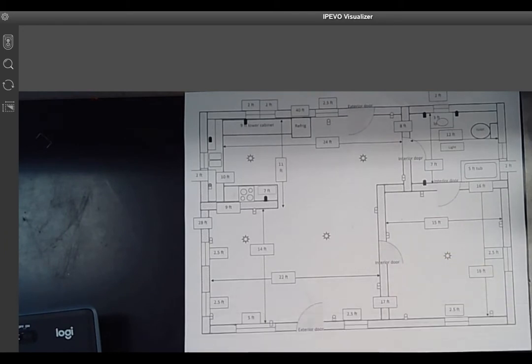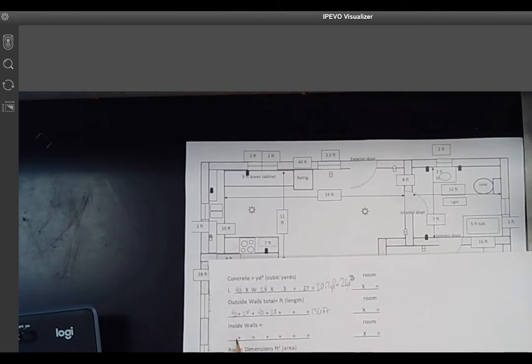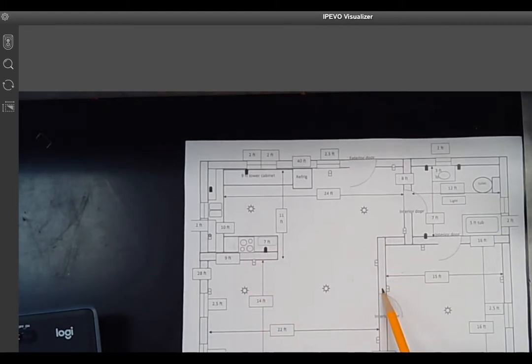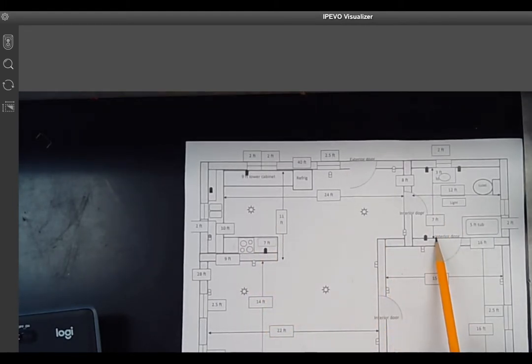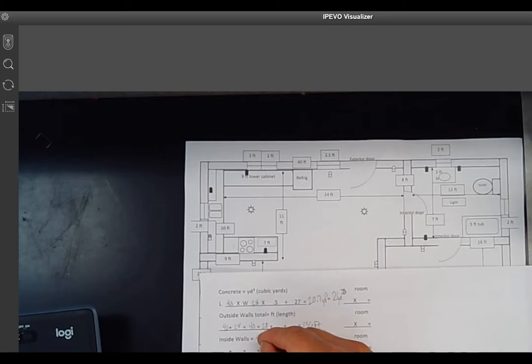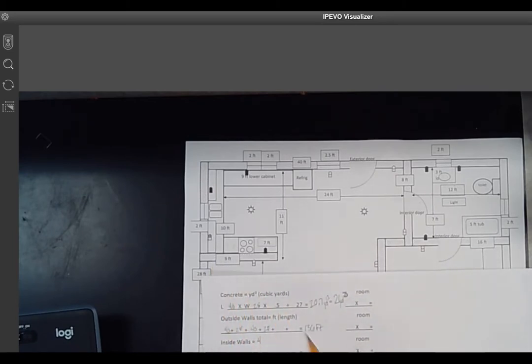Okay, now we're going to look at our blueprint and look for inside walls. Here's an inside wall. Here's an inside wall. Here's an inside wall. Here's an inside wall. So inside walls really, total, there are 4 of them. Now I'm going to write down. So this first one is 9 feet.